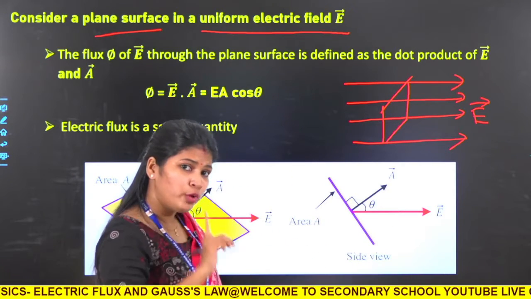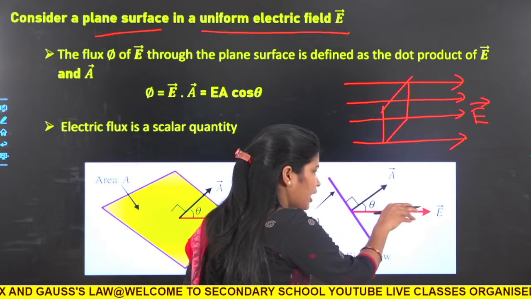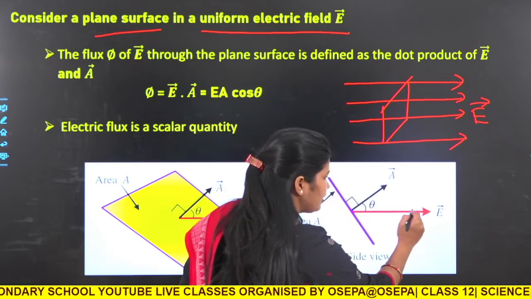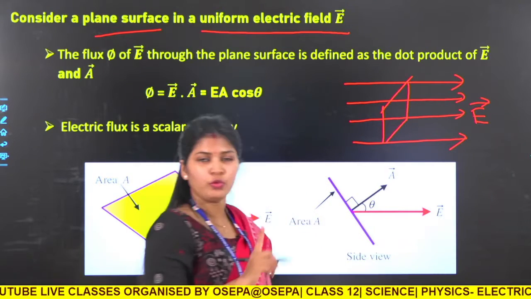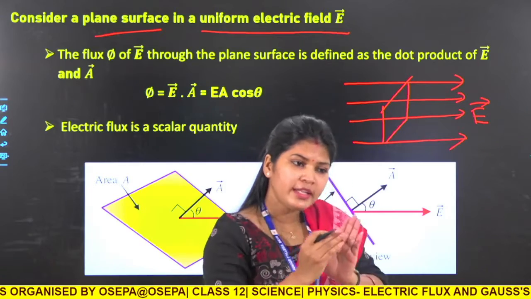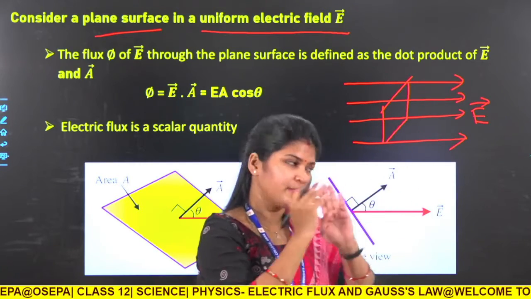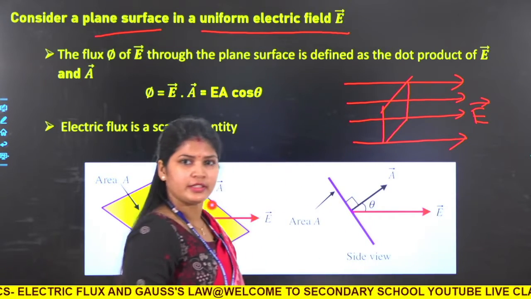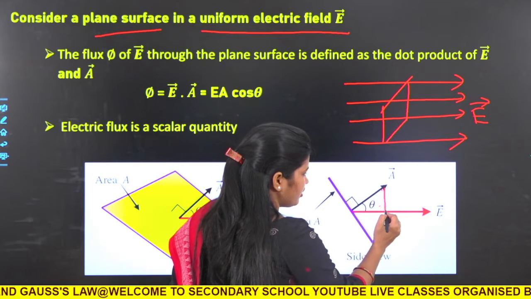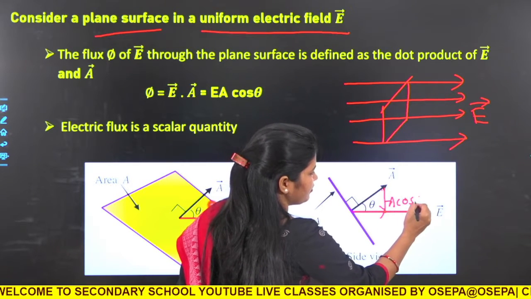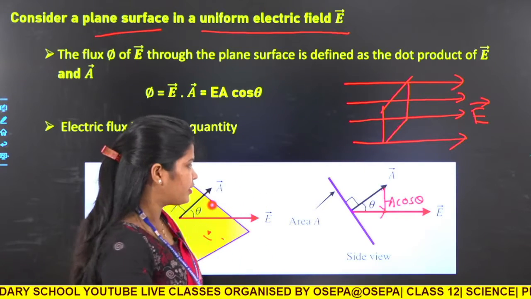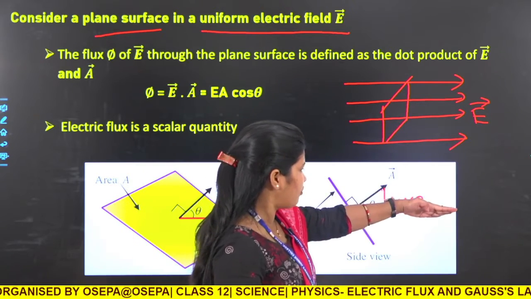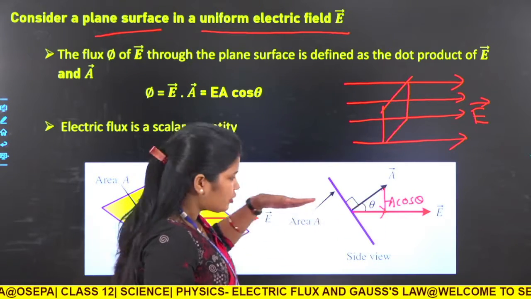Then which component of area lies along E? We know that electric flux is field lines crossing that unit area. That means which component lies along the E vector? This is the A cos theta component, and this will be the A sin theta component.